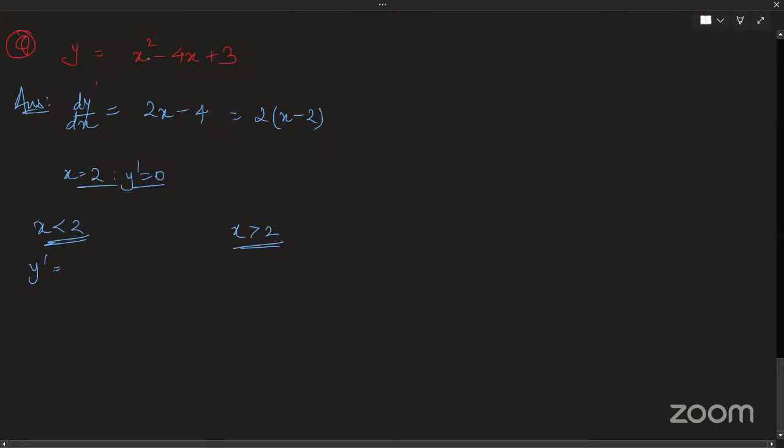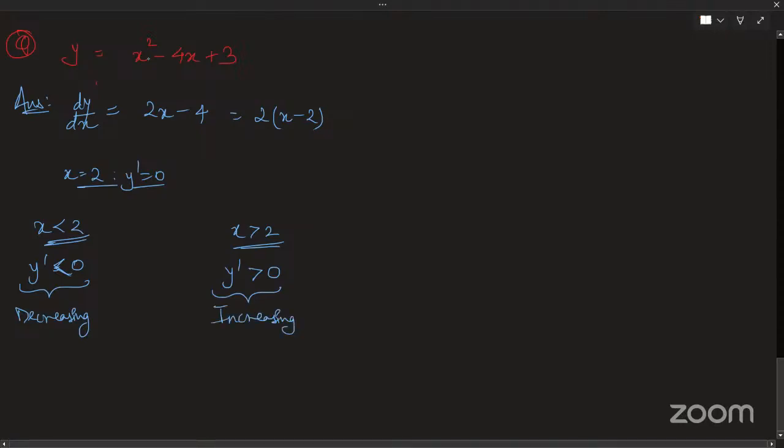Negative. Correct. What about when x is greater than 2? Is my y dash greater or lesser than 0? Positive, greater than 0. So when x is less than 2, it is decreasing, and when x is greater than 2, it is increasing.